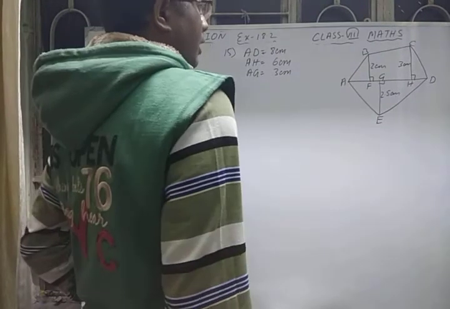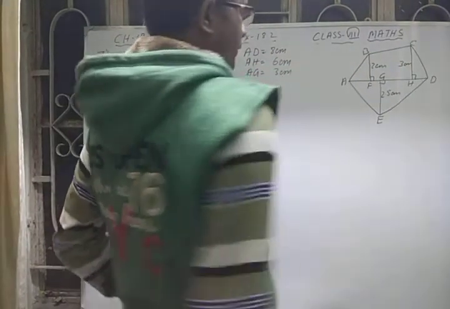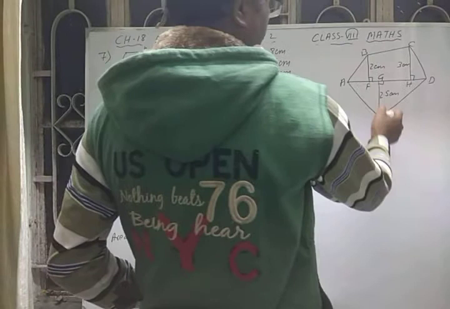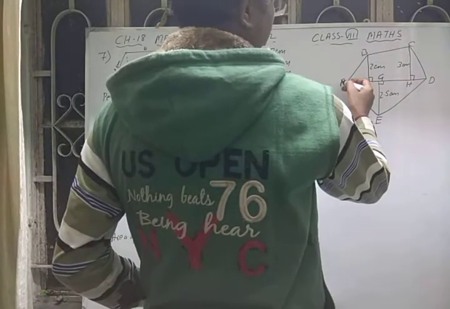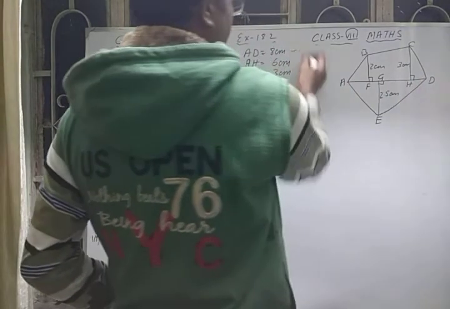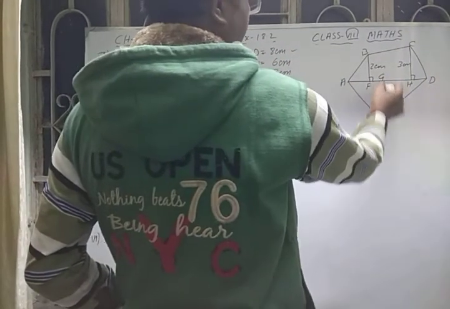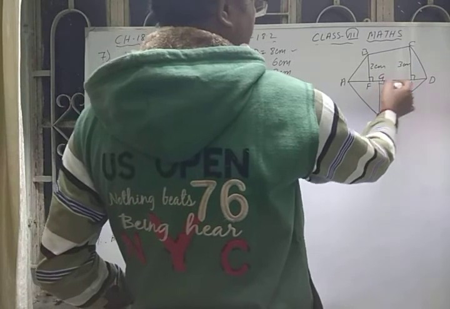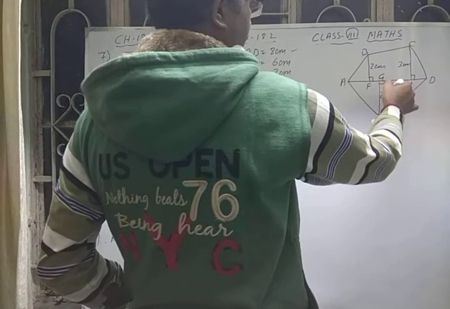Now to find the area of this total figure, you can see here AED is a triangle whose total base AD is given 8 centimeter, and you have the height also. That means you can find the area of this triangle very easily.